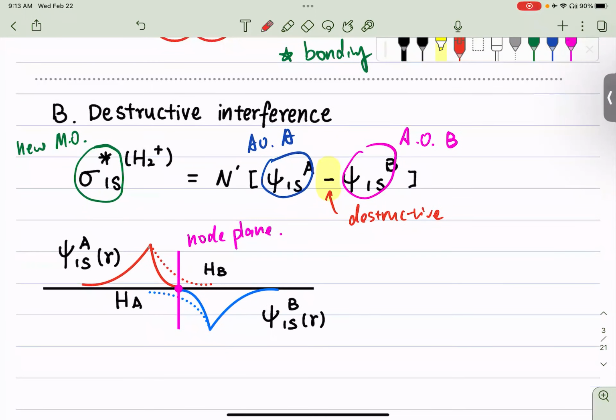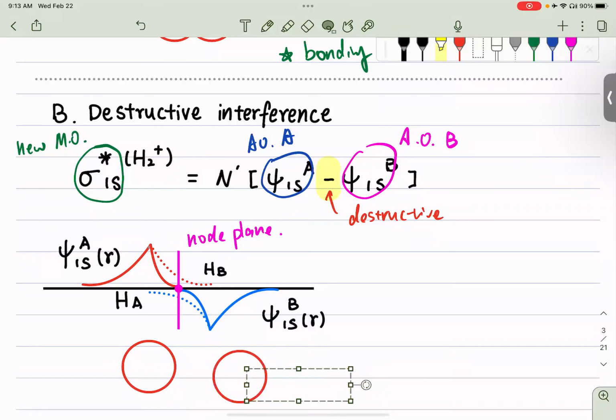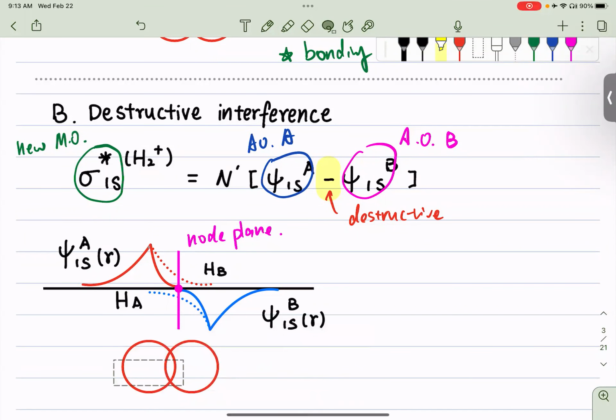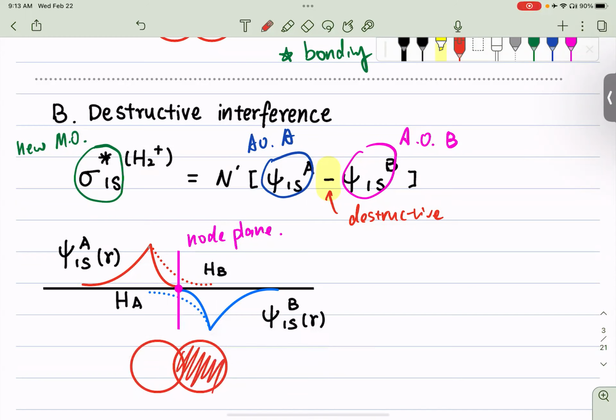Or the other way to draw it is we can draw it in this circle. So this circle means atomic orbital. And then because we have different shades, we have a node plane in between. All right, and by definition, a node plane means the low electron density region.